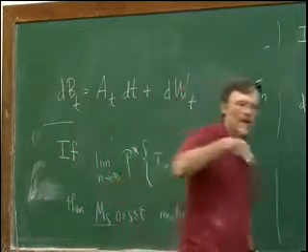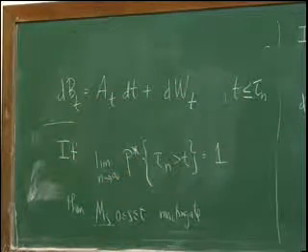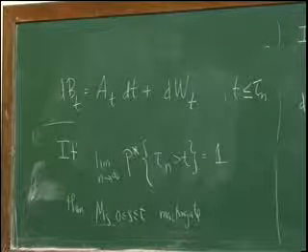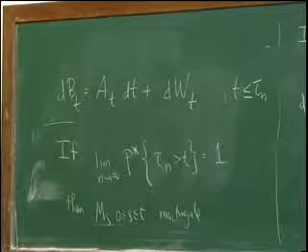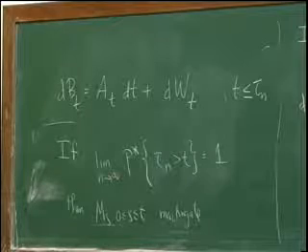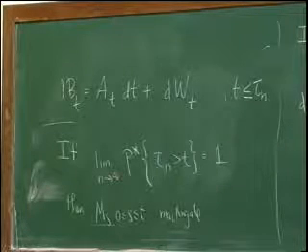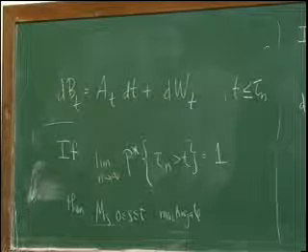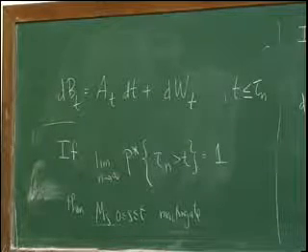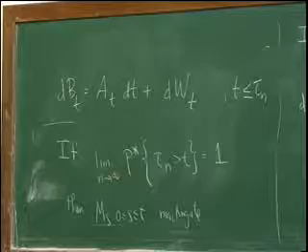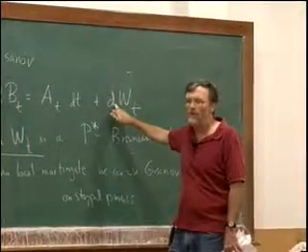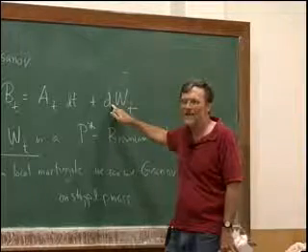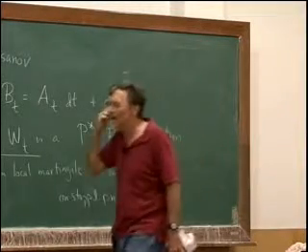So in order to check whether or not something's a martingale, a local martingale is a martingale for positive continuous local martingales, what you do is you can just use this Girsanov transformation. The Girsanov transformation tells you what the weighted process looks like, and if you can actually analyze the weighted process to answer whether or not in the weighted process things blow up or not, you can answer whether or not things are okay.